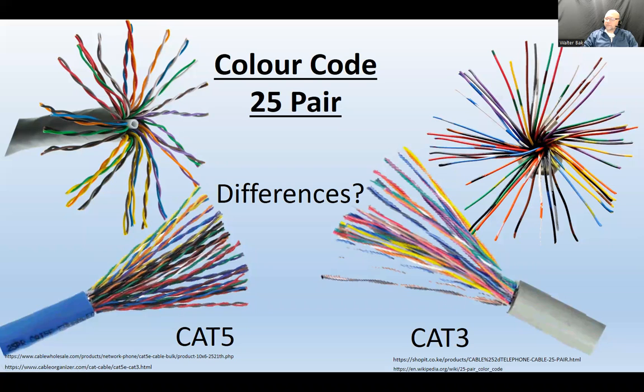But category 3 can carry less signal with less speed, and Cat 5 or Cat 5e right now can carry more signal at more speed. Most of the time you're going to deal with Cat 3, which is sort of obsolete these days, and we are recording this presentation in February 2023 if you are watching a rerun.